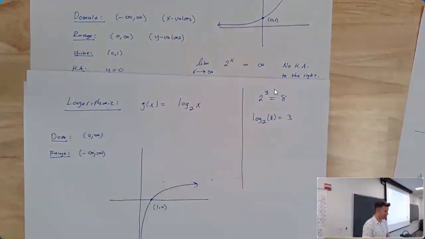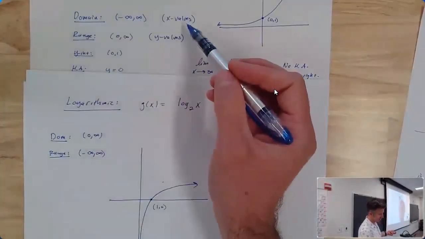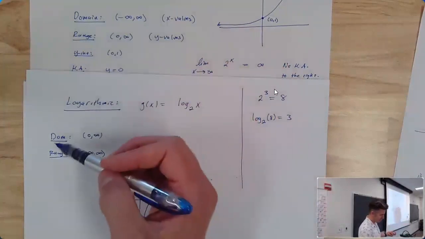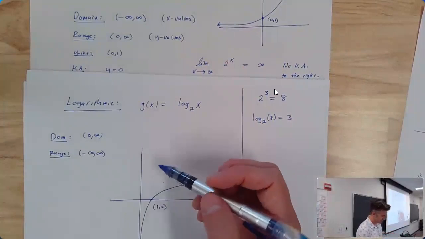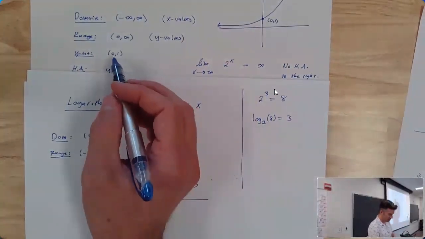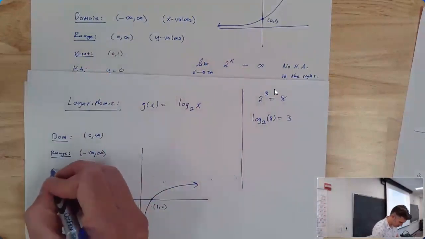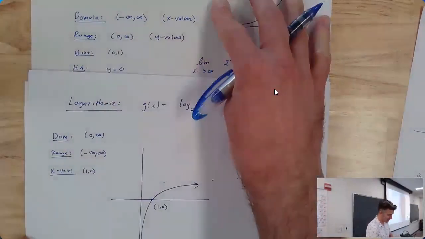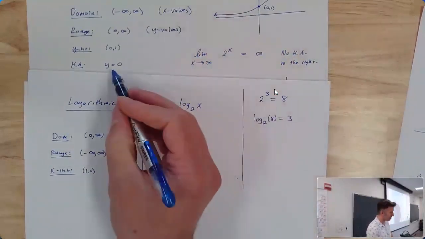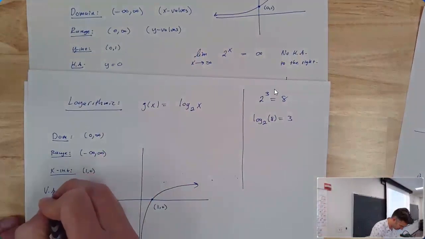And I want to very literally say we are interchanging the role of x and y. Right here, the x things are everything, the y things are 0 to infinity. Here, the x things are 0 to infinity, the y things are everything. We've even interchanged our intercept. We're going to interchange 0, 1 and get 1, 0. We've even interchanged our asymptote. Instead of y equal to 0, interchange x with y, and you get x equal to 0 for a vertical asymptote.